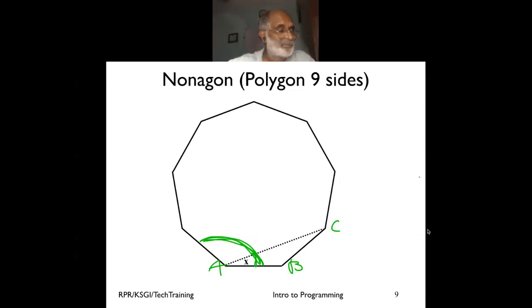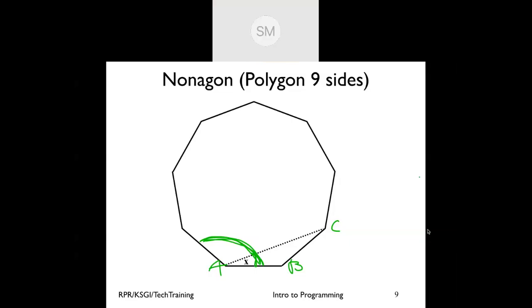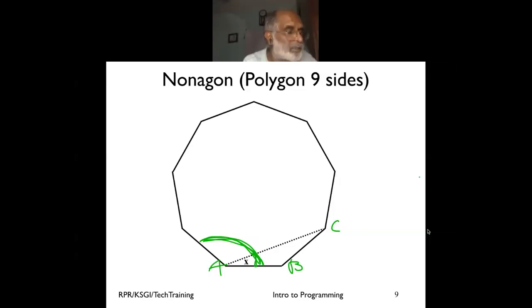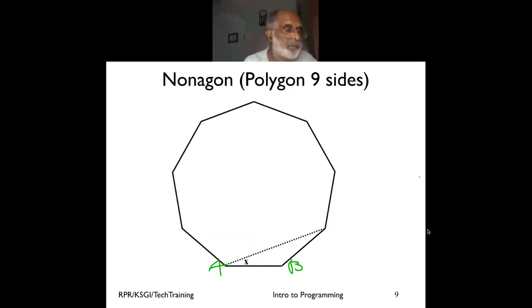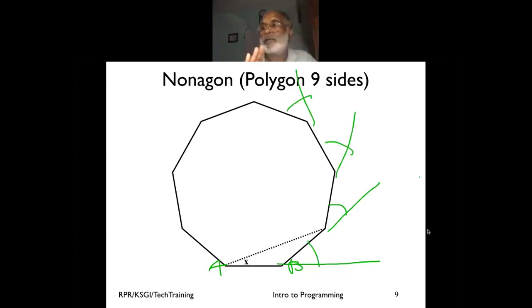Because there are 9 sides, 360 divided by 9 would give me 40. No. I'm asking what the internal polygon angle is. Let me go back to the basics. If you look at the sum of all these angles, it is 360.